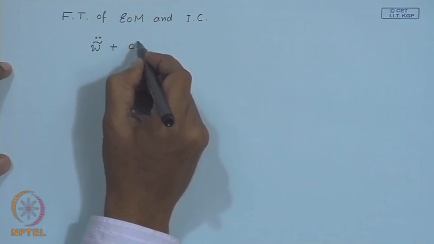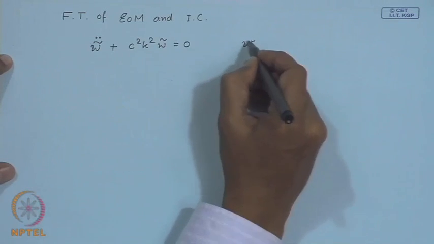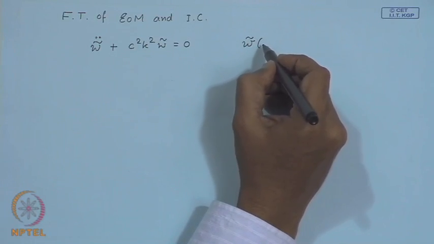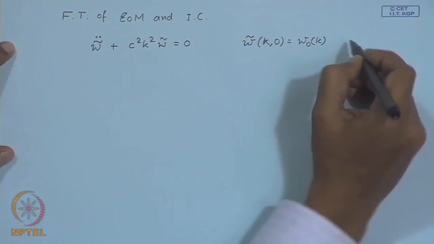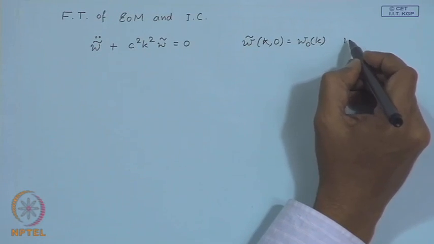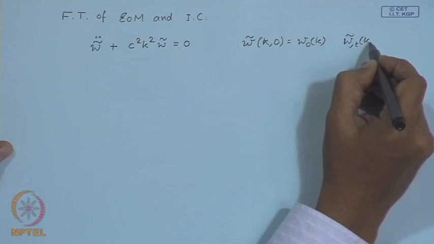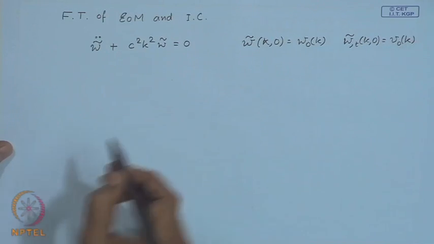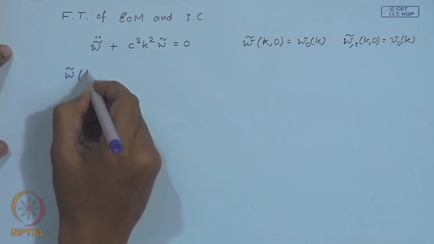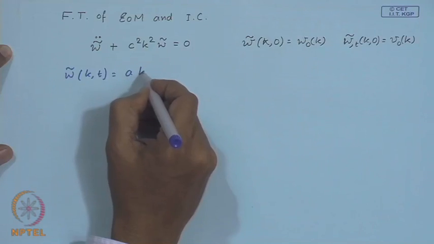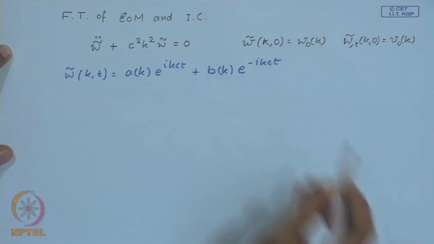If you take the Fourier transform and simplify, along with that we have, now we know the general solution of an equation of this form. So, this is the general solution.